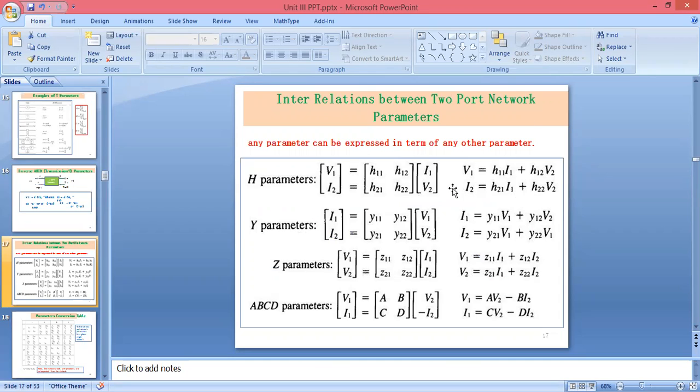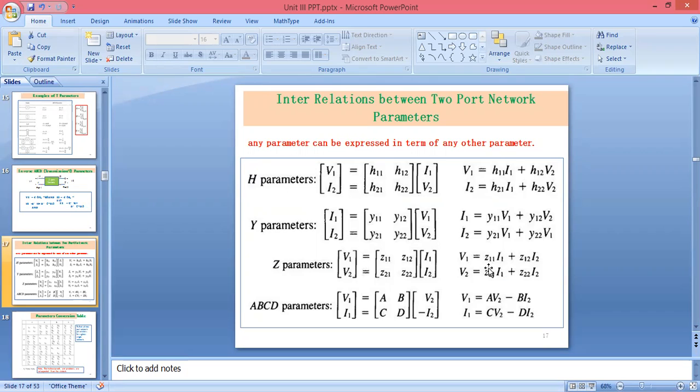In H parameter, V1 and I2 are the dependent. In inverse hybrid, V2 and I1 will be dependent. In Y parameter, the values of I1 and I2 depend on V1 and V2. In Z, the values of V1 and V2 will depend on I1 and I2.